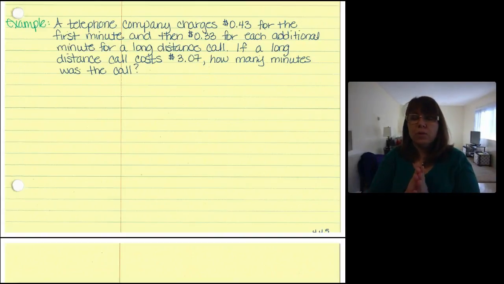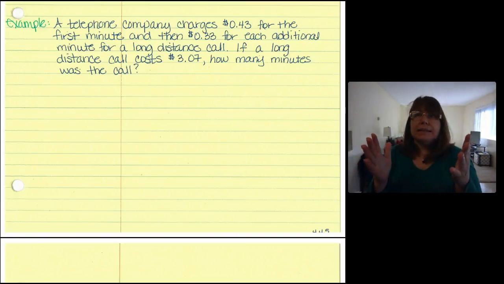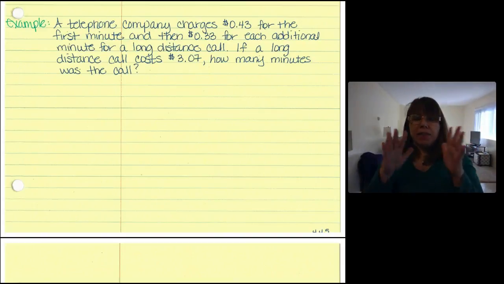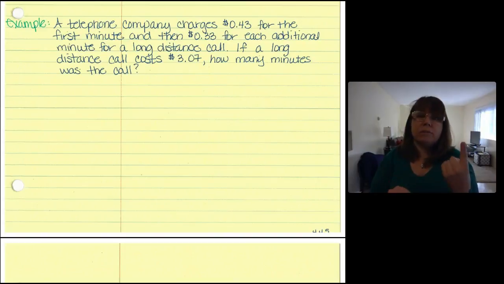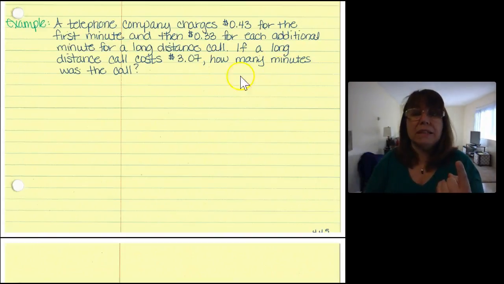Well, there's lots of ways to solve this problem. I'm going to try and do this logically. We know we talked for at least 1 minute, right? Because our phone bill, our cost, was $3.07.